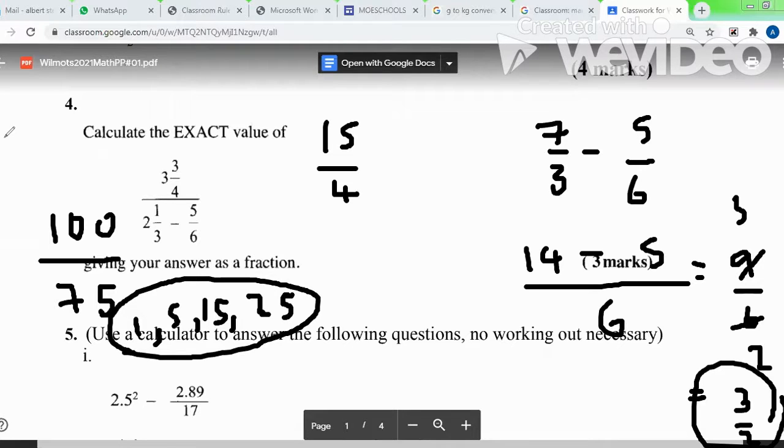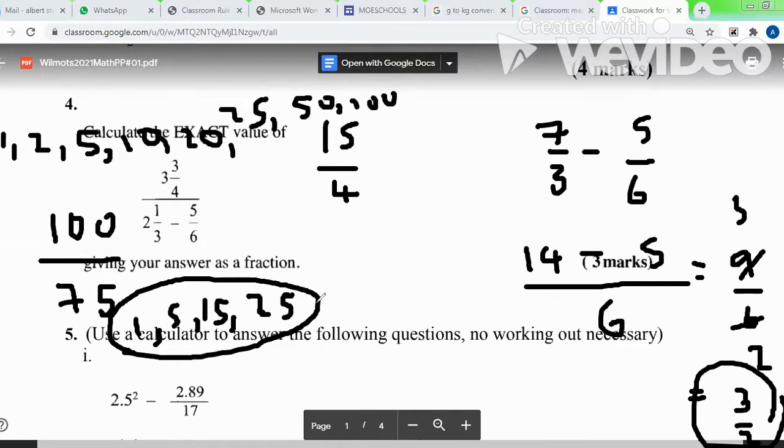We have 1, 2, 5, 10, 20, 25, 50, and 100, the number itself. I forgot that one down here. This one is also a factor of 75, not true?